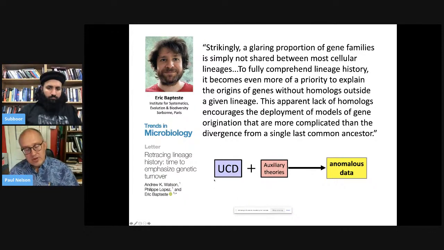And I would like to encourage the audience to dig into this, because the ocean of anomalous data is only going to grow with each new genome that's sequenced. And more biologists, and philosophers of science for that matter, are going to have to confront the question of what they're going to do with this bundle.